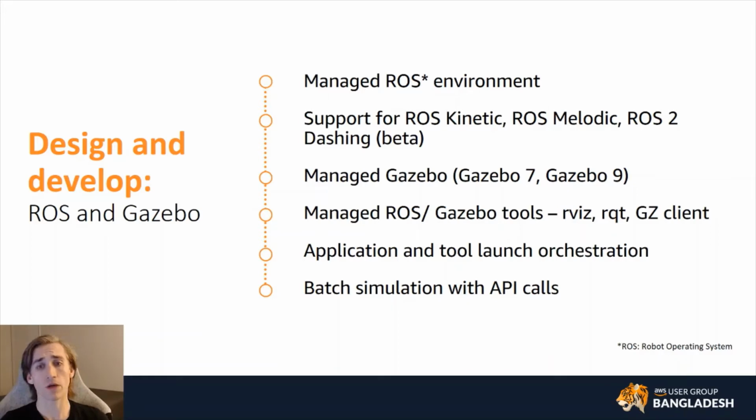So starting out, how do you build your robots in the first place? That's where ROS comes into play. ROS is the Robot Operating System, which is an open source framework for developing robotics applications. It's all around making it easier for developers to leverage hardware off the shelf, different machine learning algorithms off the shelf, and bundle them into their own robotics application, whatever it could be.